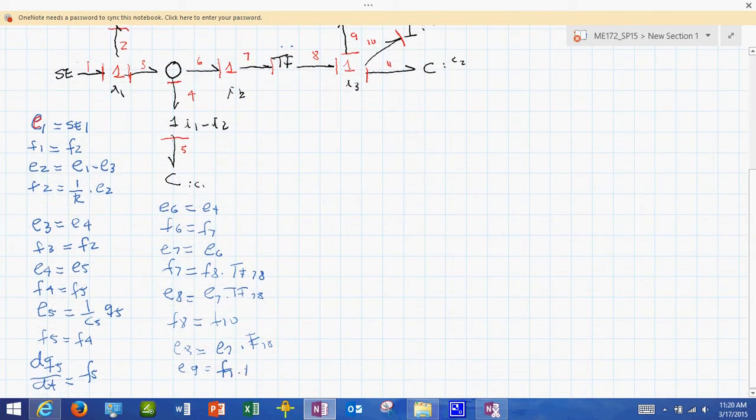And then F sub 9 is equal to F sub 10, and E sub 10 is E sub 8 minus E sub 9 minus E sub 4.